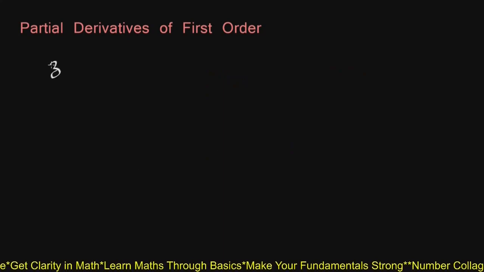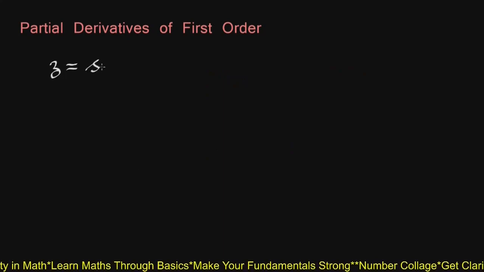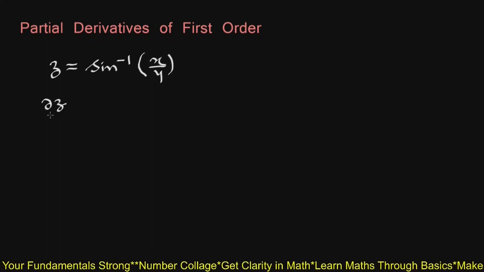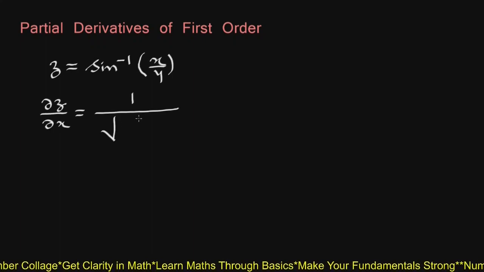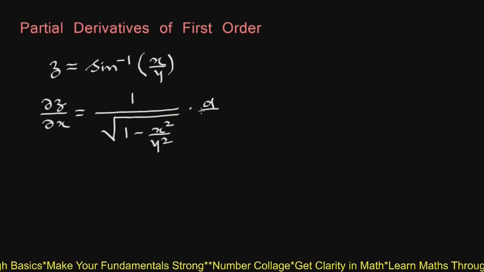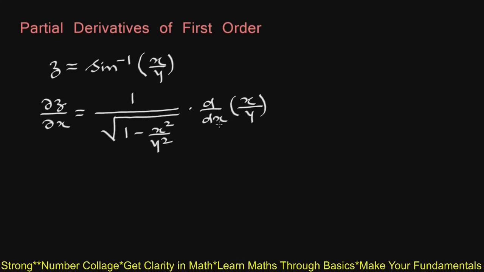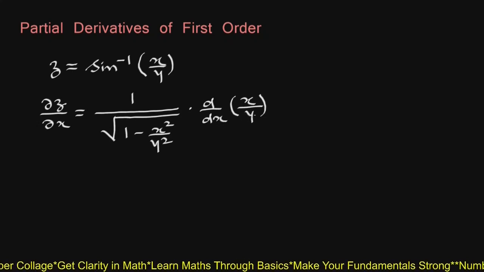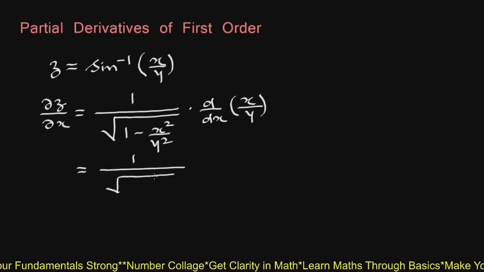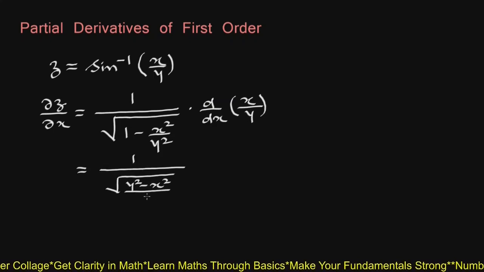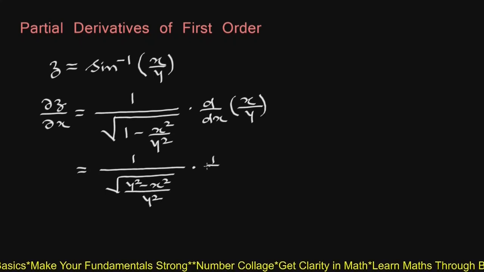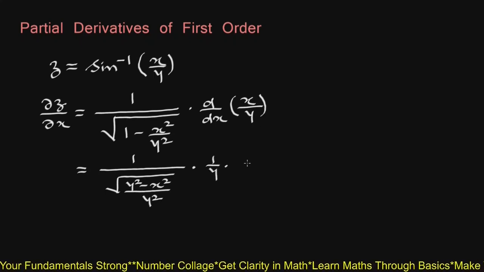How to find the partial derivative of z equals sin⁻¹(x/y). So ∂z/∂x will be 1 upon under root of 1 minus x²/y², into d/dx of x/y, treating 1/y as constant. So that will be 1 upon under root of (y² − x²)/y², into, treating 1/y as constant, the derivative of x, which is 1.